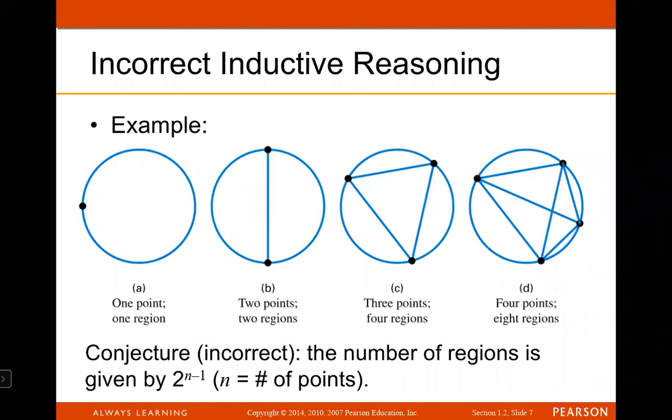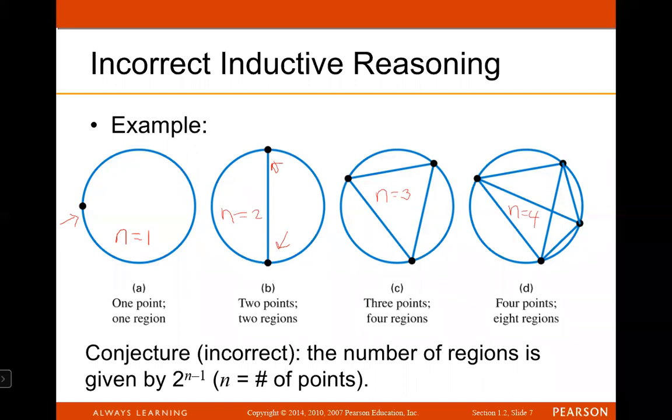The incorrect conjecture here is that the number of regions is given by 2 to the power n minus 1, where n is the number of points. In our first image, n is 1, because there's 1 point. In our second image, n is 2, because there's 2 points. In the third image, n is 3, and in the fourth image, n is 4.